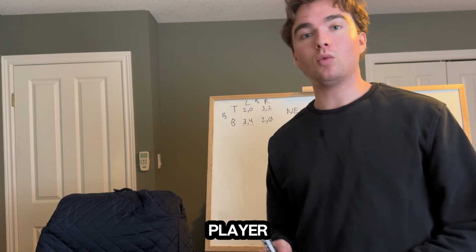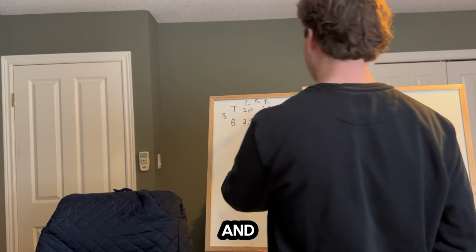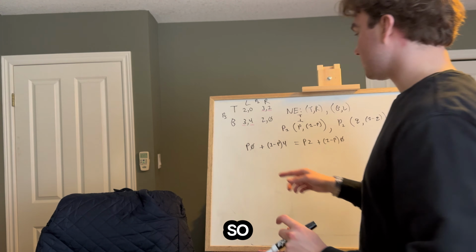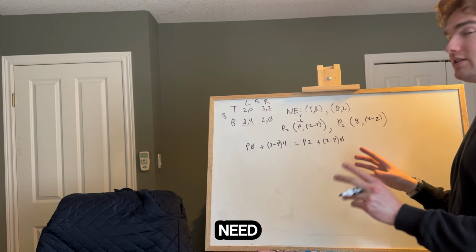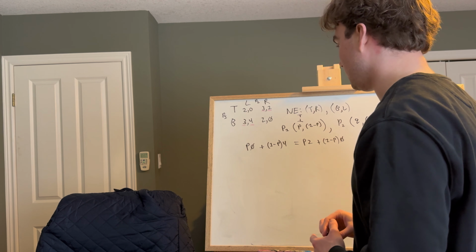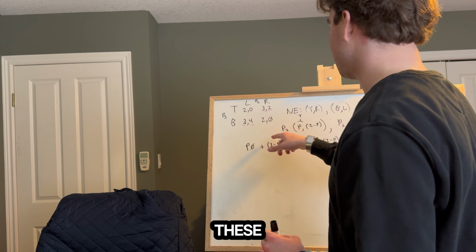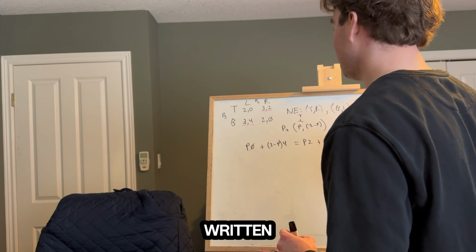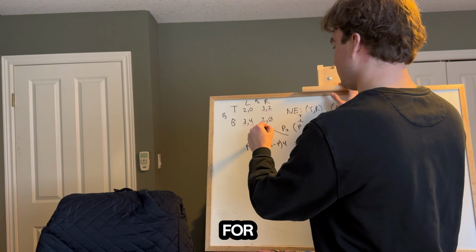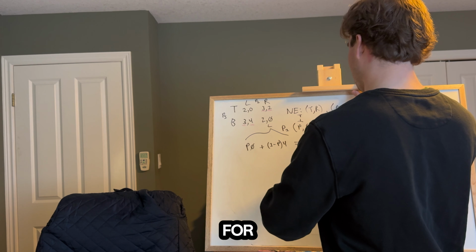So for player 1 to make player 2 indifferent between L and R, we need to isolate for P and find out what P is equal to. It's important to note that these payoffs I've written, this is for left, and this is for right.